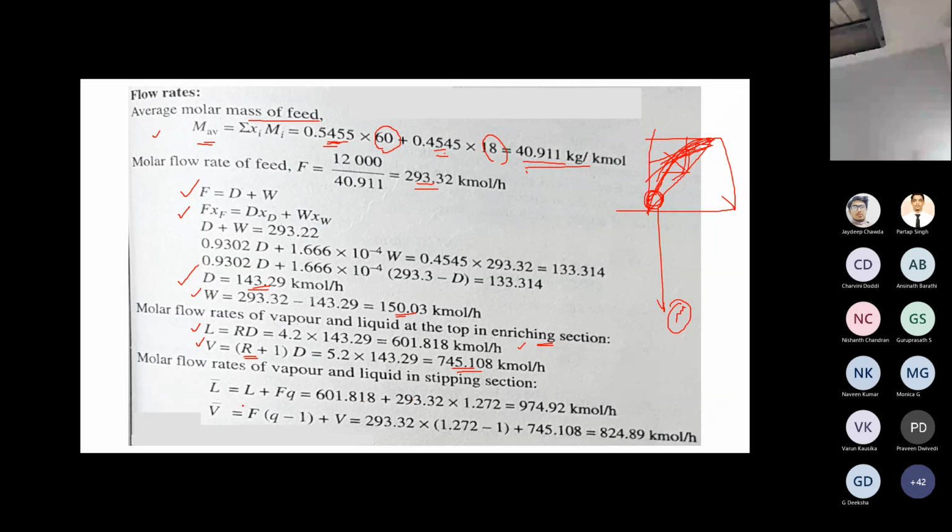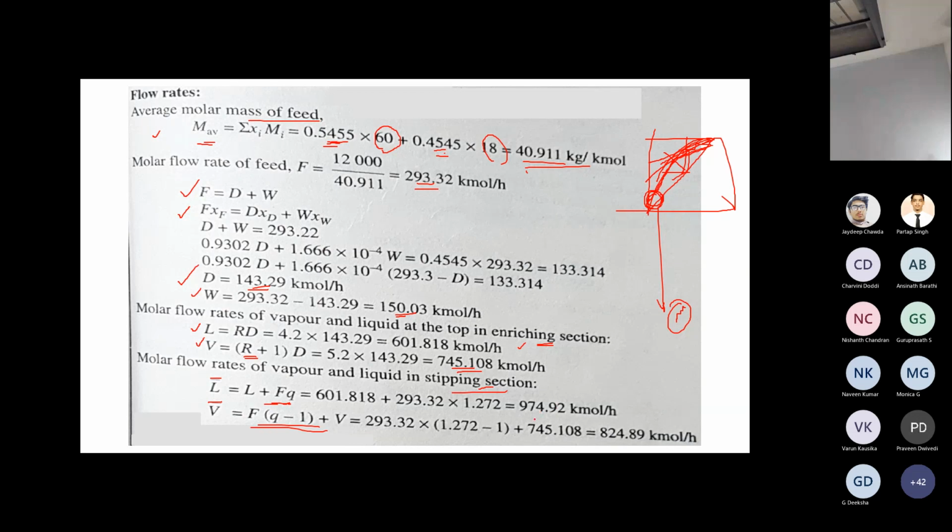Then the molar flow rates of liquid and vapor in the stripping section you can calculate. Normally the stripping section is represented by L dash and V dash. L dash is equal to L plus F into q. V dash is F into (q minus 1) plus V. You might have studied in mass transfer how you get these equations.